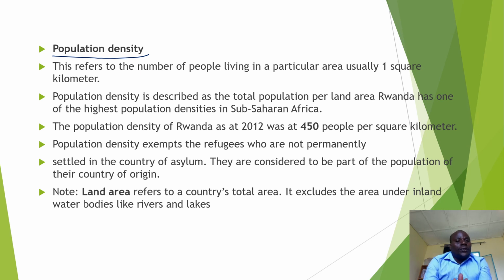And when we talk of total area or land area, it excludes the area under inland water bodies like rivers and lakes. We don't consider that area covered by water. We only consider area covered by land, because people don't live in lakes. They don't even live on rivers. So we don't consider that space.